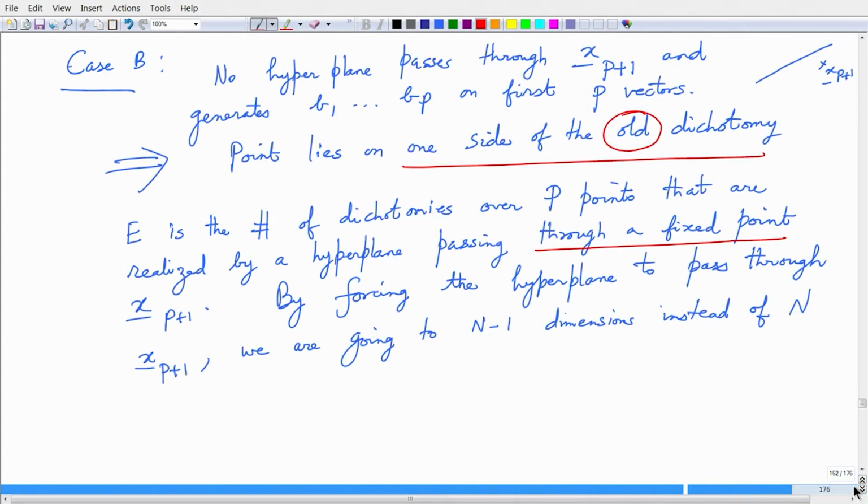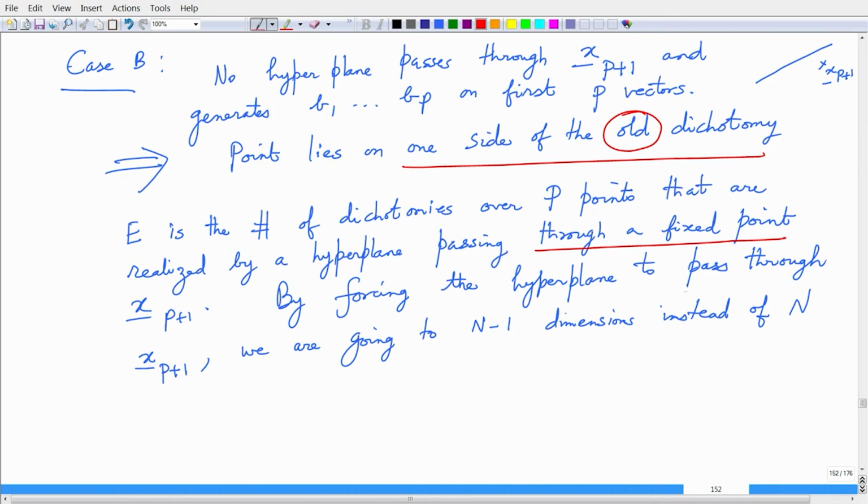Now, the other case is that no hyperplane passes through x_{p+1}, that is, the p plus first point is not lying on the hyperplane. Therefore, the point lies on one side of the old dichotomy, which is pretty obvious. Now, E is the number of dichotomies over p points that are realized by a hyperplane passing through a fixed point x_{p+1}.